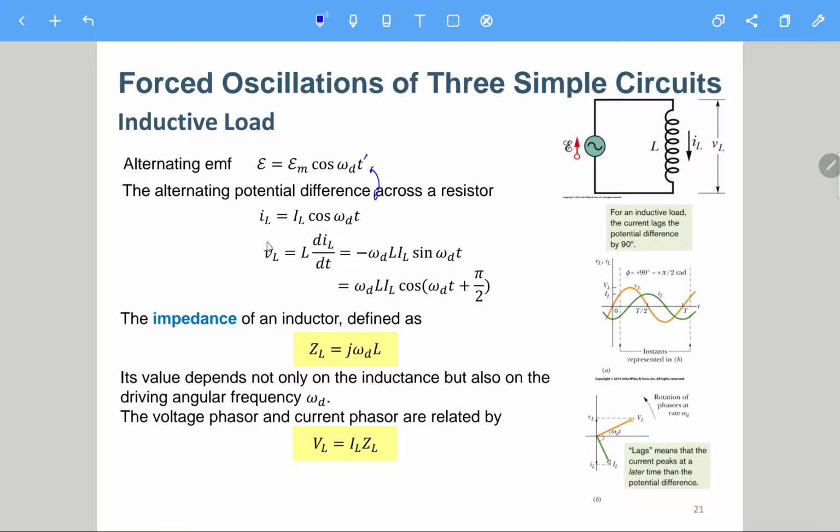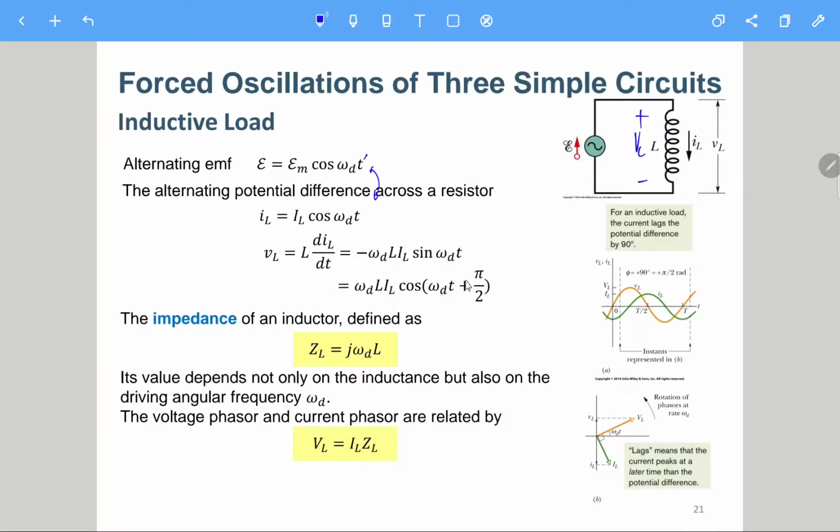So it will satisfy VL, the voltage difference or potential difference across the inductor, which is L dIL dt. So we can just plug this in here. Taking the first derivative, we have minus omega d IL sine omega dt. We can change this to cosine omega dt plus pi over 2.